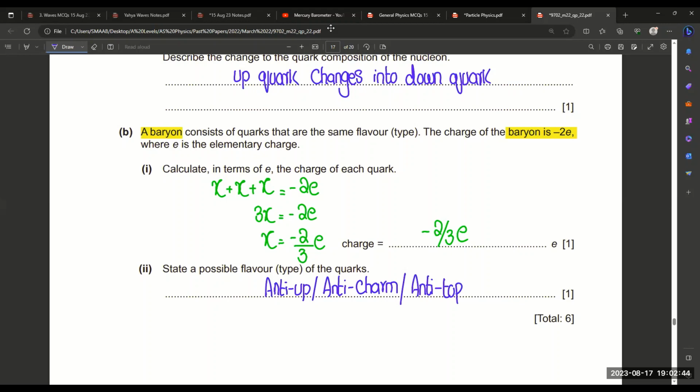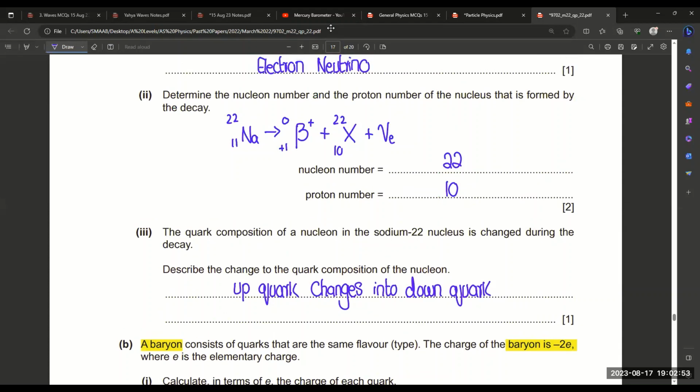These are the things that are only related to this chapter. Sometimes they ask about basic quantities, like in the first part they are asking about nucleon number, proton number, but there is a reference to beta positive, so that's why it is slightly different from the normal one.